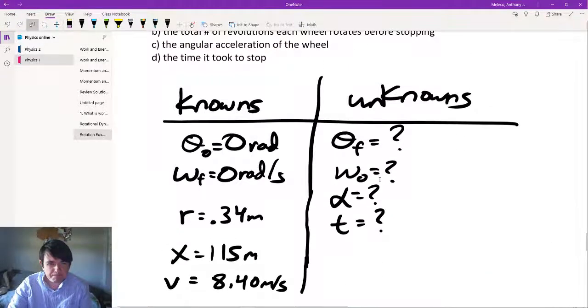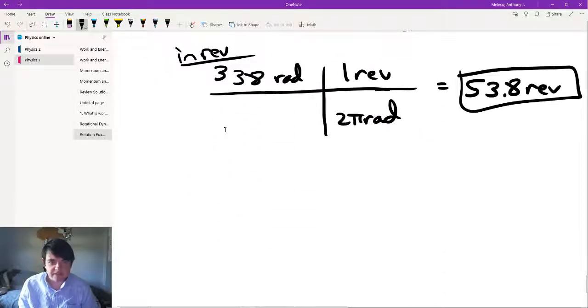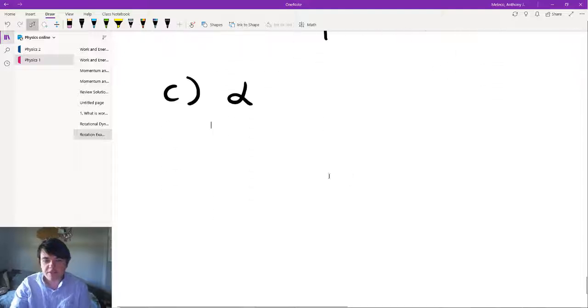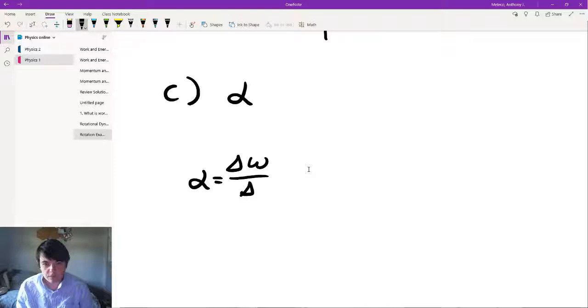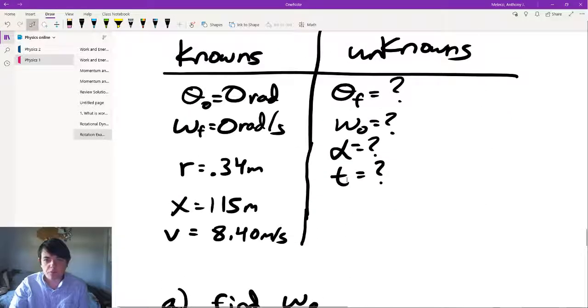So part C, the angular acceleration of the wheel. We need alpha. If you remember, alpha equals the change in omega over time. But the problem with this is we don't know time.